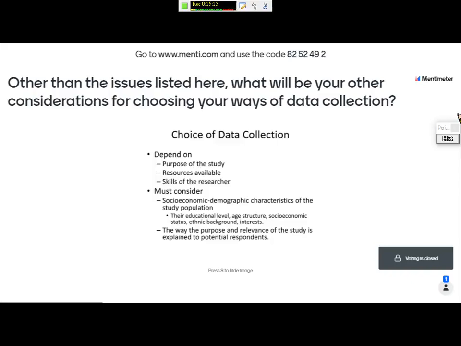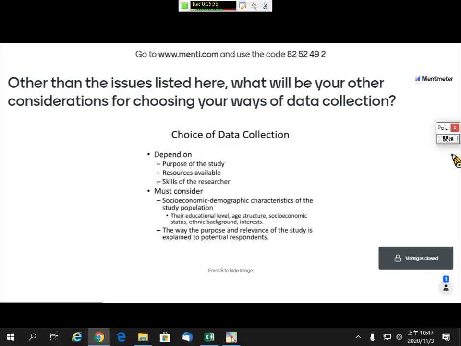And secondary data, you can just go to the archive to retrieve all the needed information for yourself, right? So it doesn't matter what kind of data you want to use, so long as the data is capable of helping you answer your research questions, research problem, then they are good data, right?